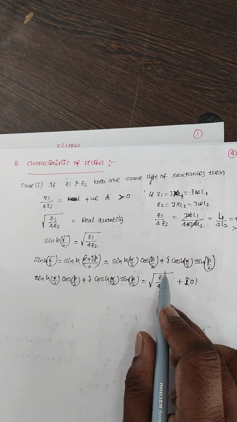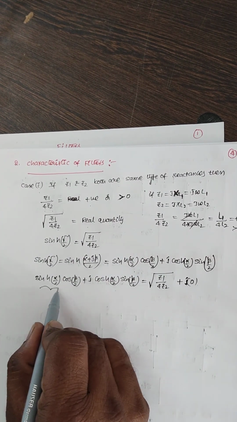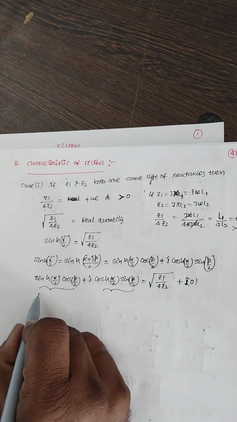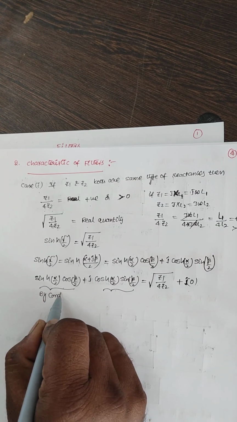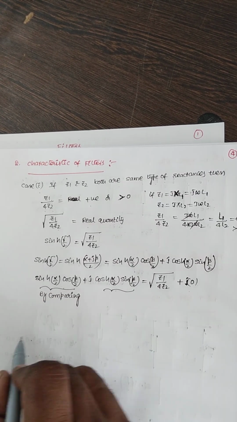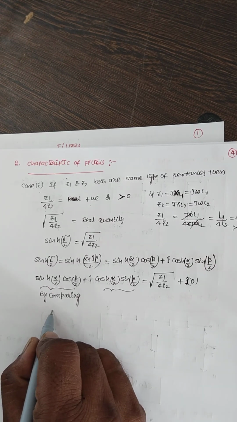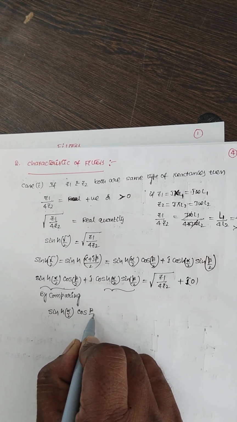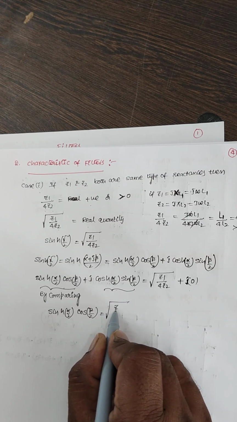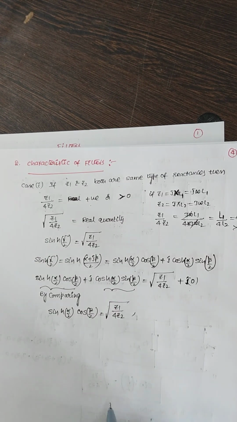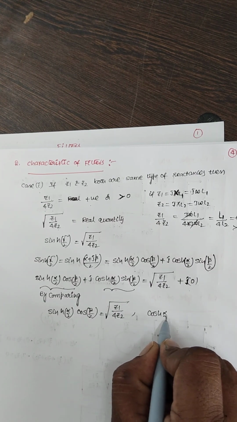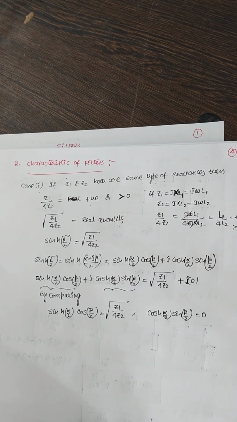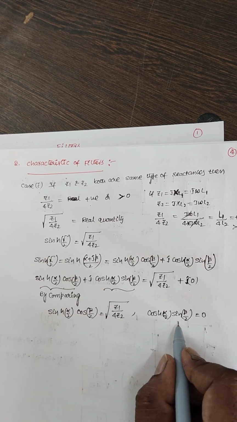Only the real term is present here. If you compare these two expressions, sinh alpha by 2 cos beta by 2 is equal to square root of Z1 by 4 Z2. This is one expression. Cosh alpha by 2 sin beta by 2 is equal to 0. It is another expression.